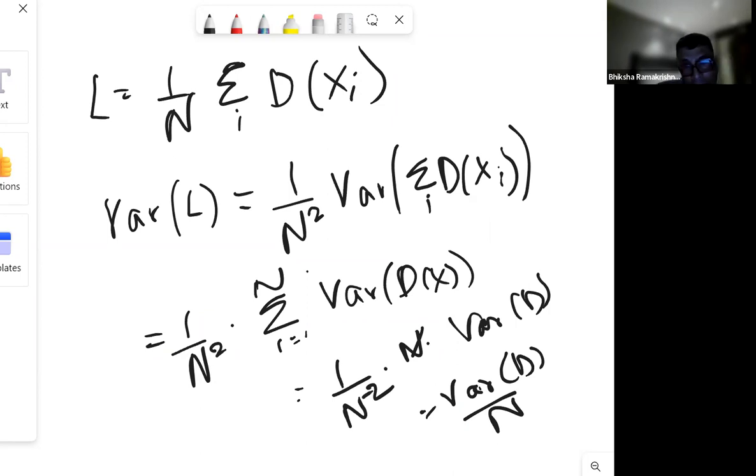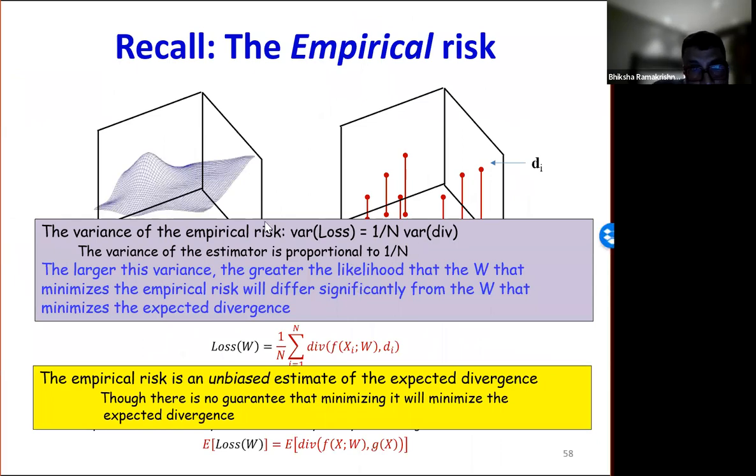And it makes sense. If each of us collected infinite training points, each of us is actually going to end up with the actual objective that we want to minimize, and there will be no variance, right? So as the number of training points increases, the variance of the loss is going to be 1 over n times the variance of the divergence of x. So is this making sense so far?